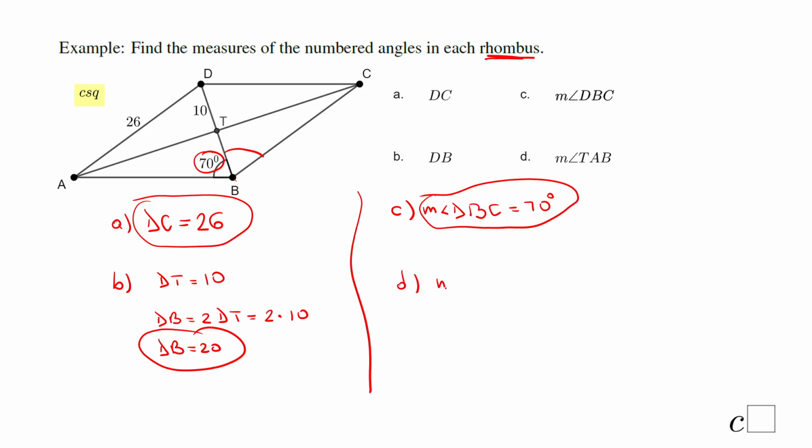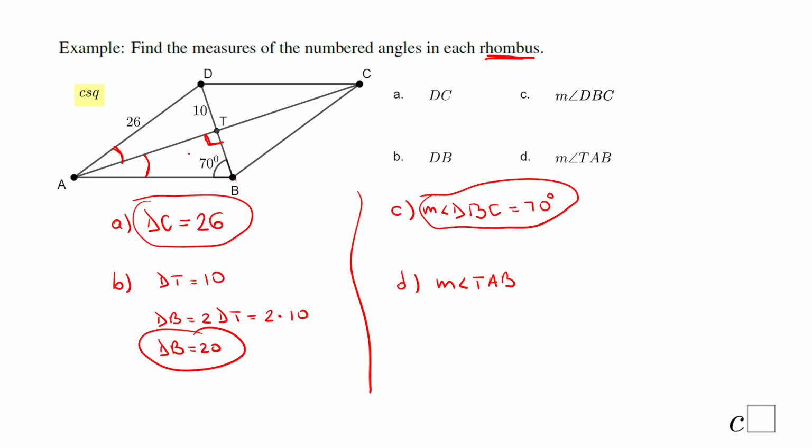Okay, and we have a last one, part D. We have to find the measure of angle TAB. Let's take a look. TAB is this angle. And for that reason, I'm going to find this angle. You notice I marked them the same because these two angles are congruent. This diagonal AC bisects angle DAB and angle DCB. This is a property of the rhombus. But also, don't forget, this angle here is a right angle because the diagonals in a rhombus are perpendicular.